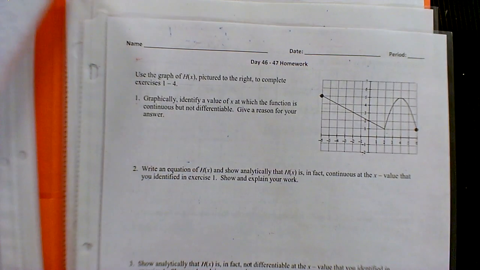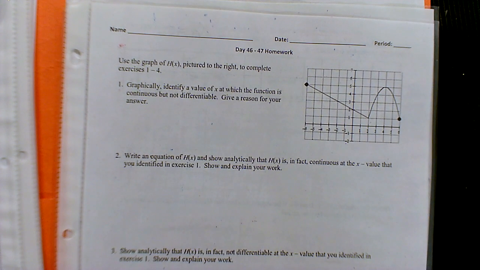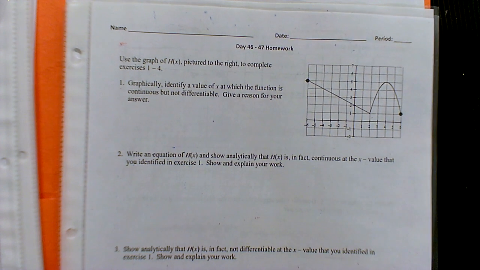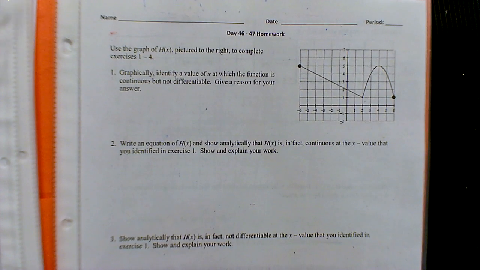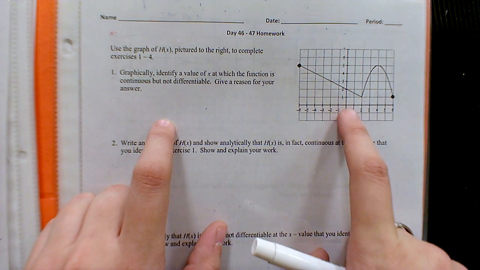In terms of your homework, I think we'll be okay. Let's see, can we do number 1 real quick, just so I can make sure that you understand what's going on here?